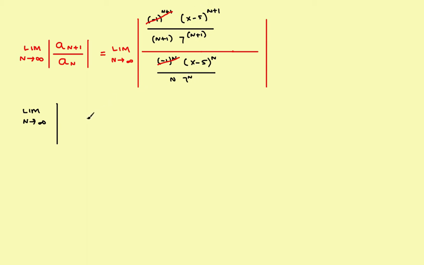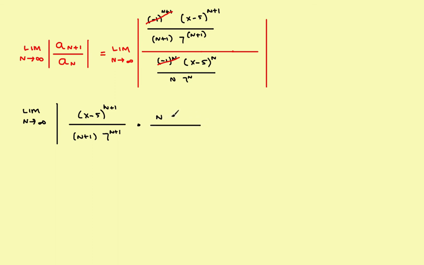First of all, we'll write down the numerator, and that's going to be x minus 5 raised to the n plus 1 power divided by n plus 1 times 7 to the n plus 1 power. Then times, now take the denominator and invert and multiply, change it into a multiplication problem.